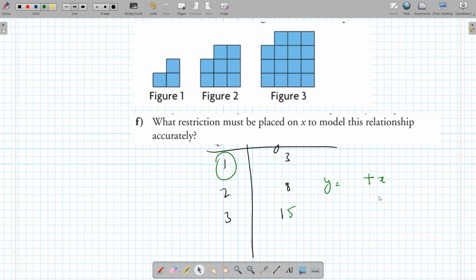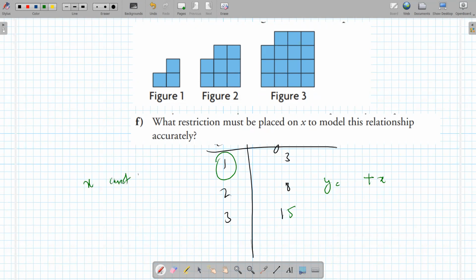Can x be anything? Can x be -5? Remember, x is the figure number, so there you go. X cannot be negative, okay? Cannot be negative. What else?